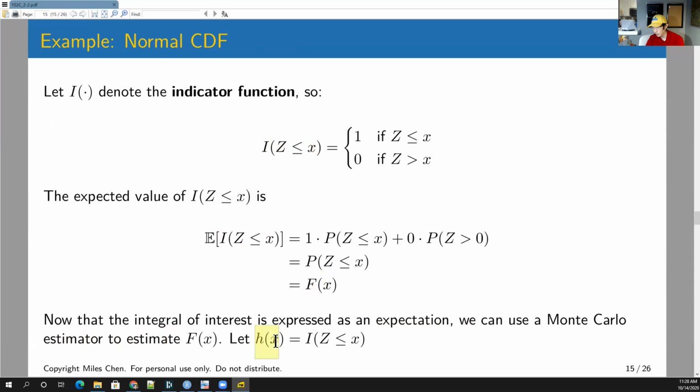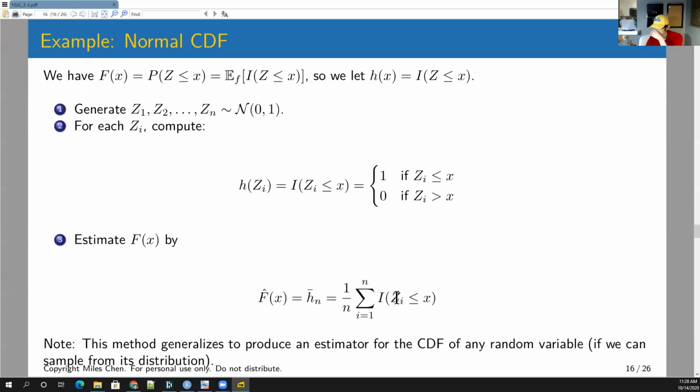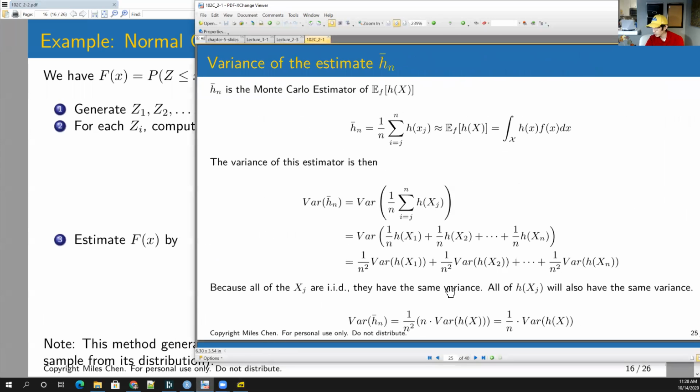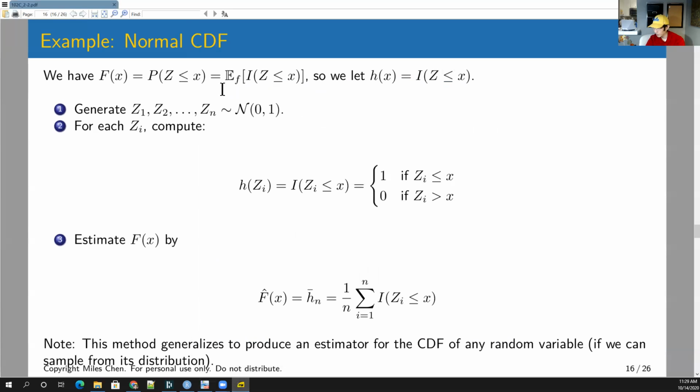What we're going to do is let h of x be equal to the stuff inside the integral. Using Monte Carlo integration, our values come from a normal distribution, and big F is going to be the expectation of this indicator function.